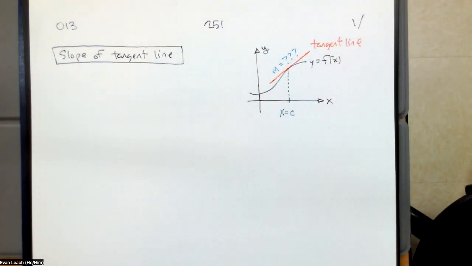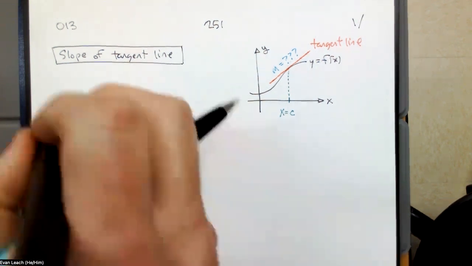So our problem is, what is the slope of the line tangent to the curve? What is the slope?